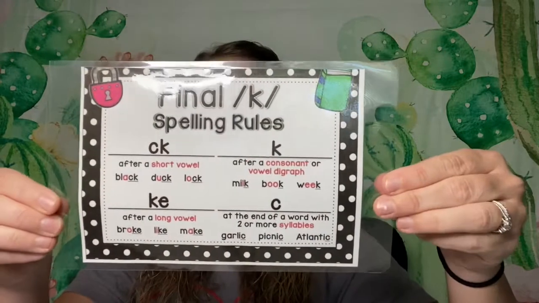When a word has 2 or more syllables and ends with the final k sound, it is usually spelled with the letter C. This is the 4th and final way to spell the k sound. As we showed before, here are our 4 spelling rules for the final k sound.